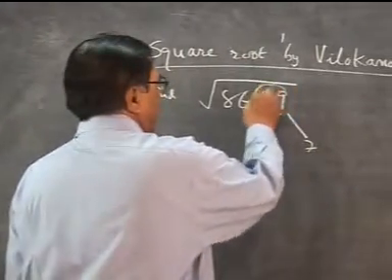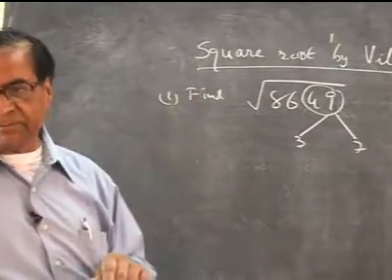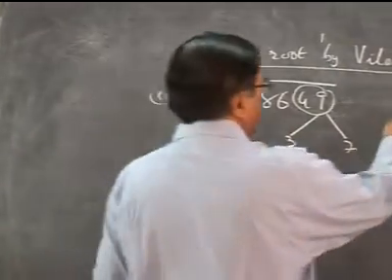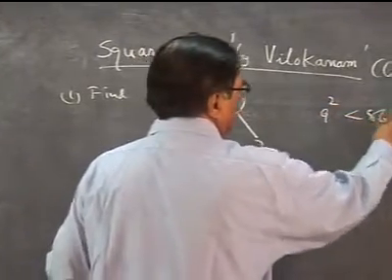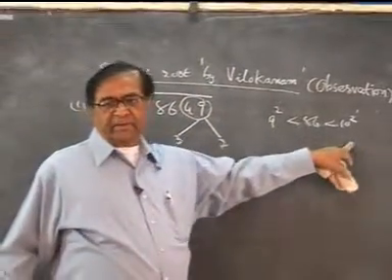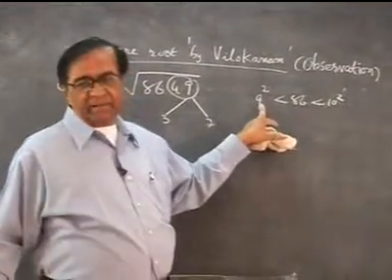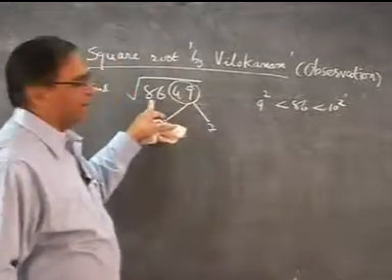Now neglect 49. You are getting 86. You can say 9 square is less than 86, less than 10 square. 9 square is 81, 10 square is 100. So 9 is the greatest number whose square is not greater than 86.